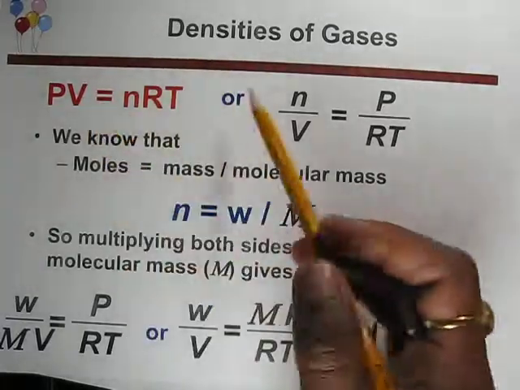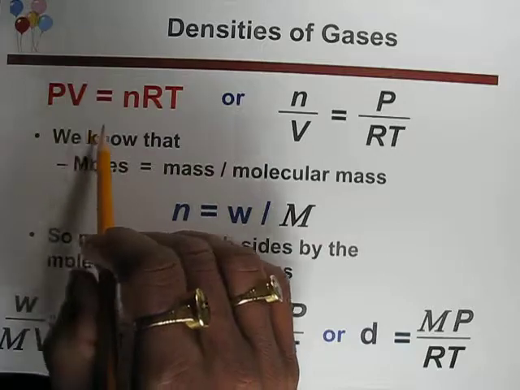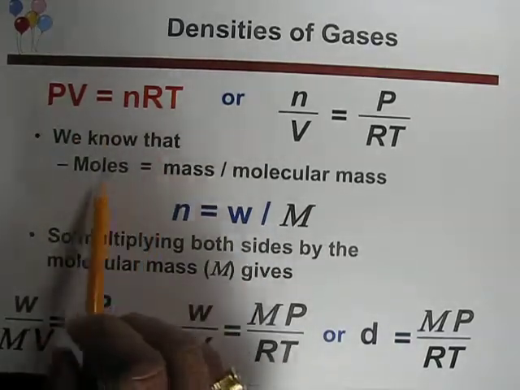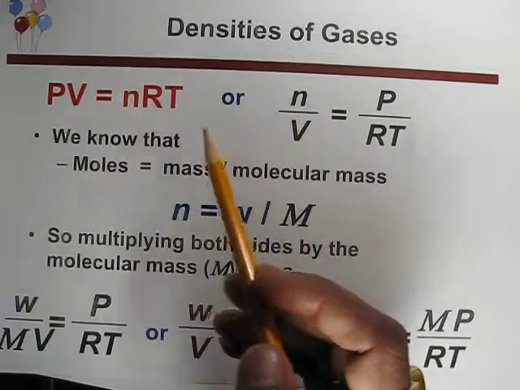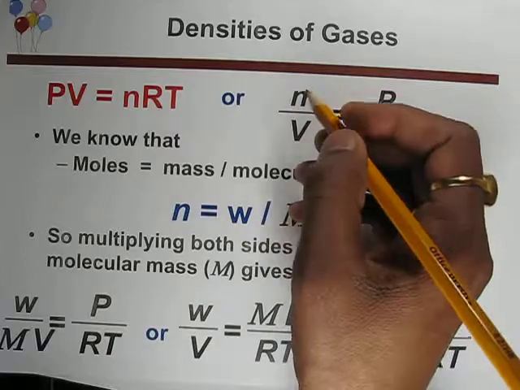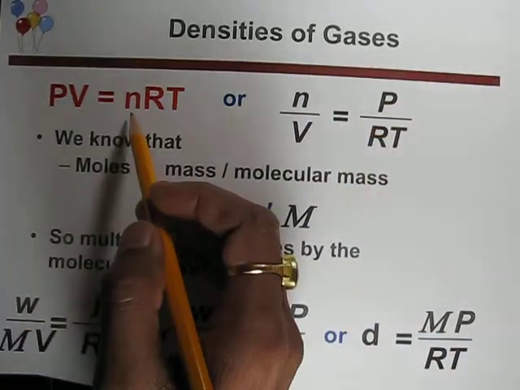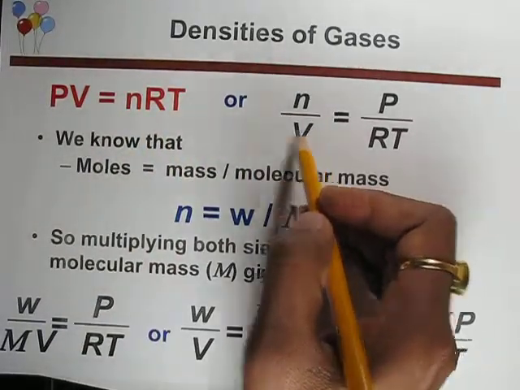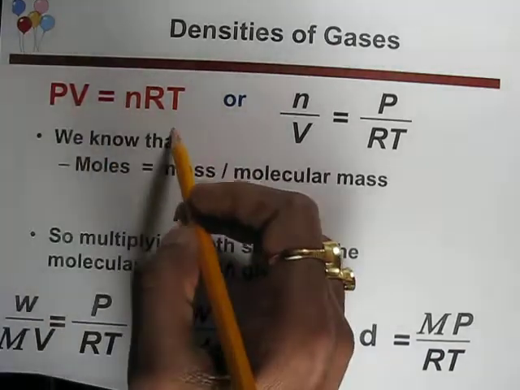So let's see how we can calculate the density. Just modify the simple ideal gas equation, PV is equal to nRT, and we know that small n is the amount. If we move the volume to this side, we can write n over V, or the amount on this side and P on this side.